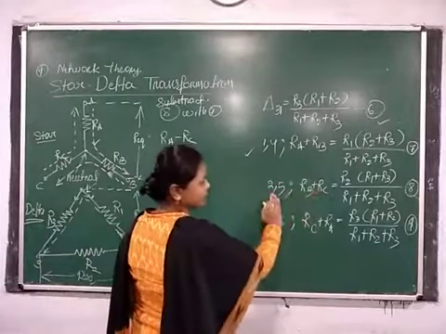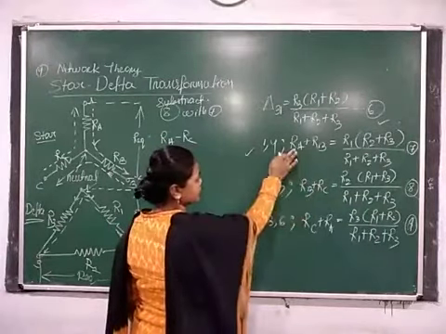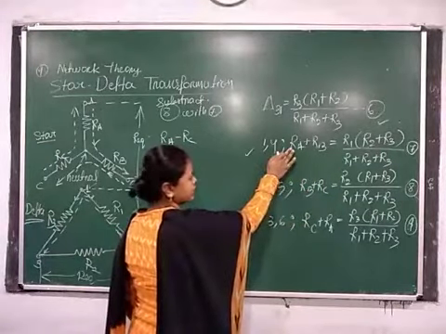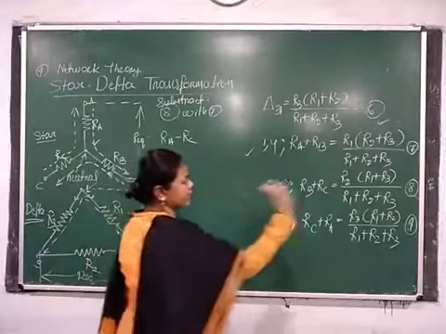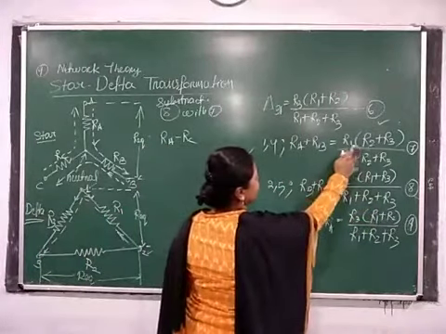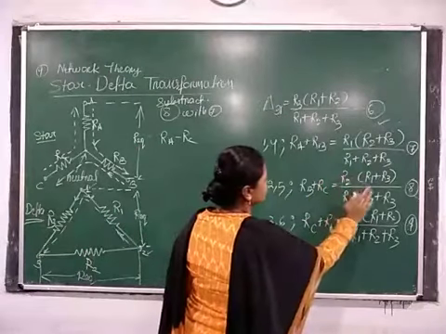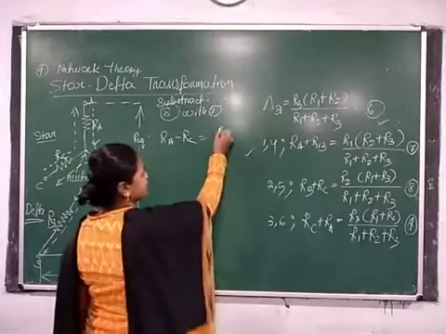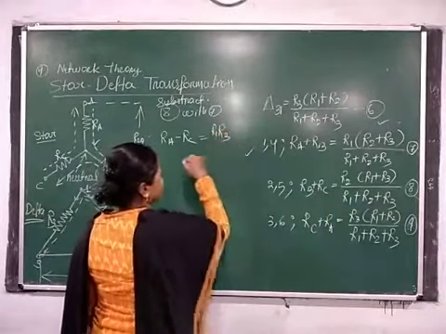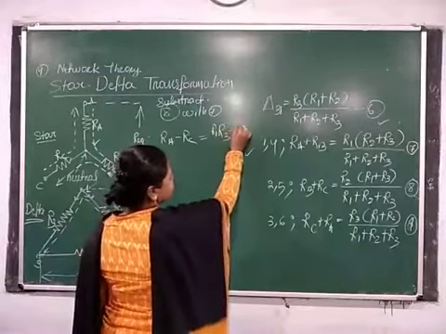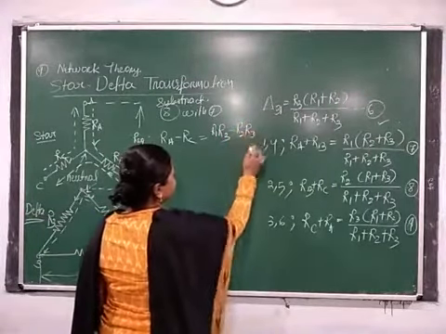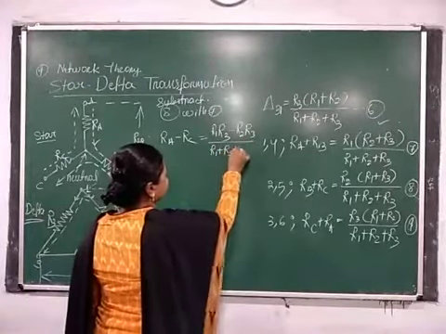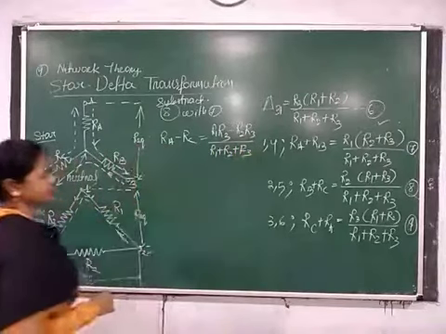If you subtract these two equations, RB cancels out, and on the left-hand side you get RA minus RC. On the right-hand side, the R1 R2 terms cancel out, and you get R1 R3 minus R2 R3 divided by R1 plus R2 plus R3.